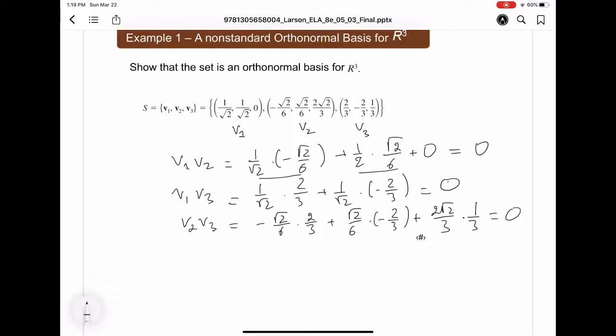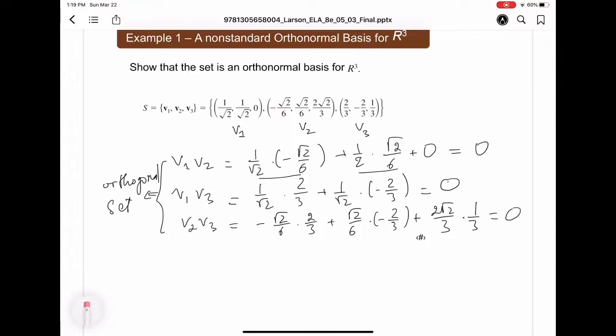So that means this set is an orthogonal set. And I tell you right away, if they are orthogonal, that means this set is linearly independent. Don't forget about that.